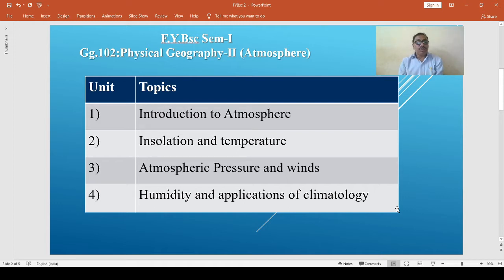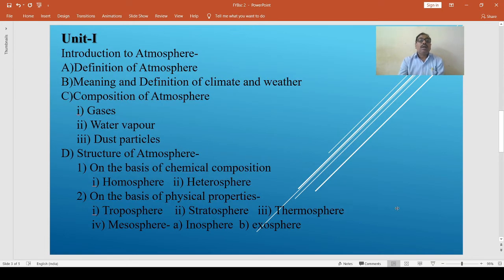In the first unit, we have to study Introduction to Atmosphere, which includes sub-units, meaning sub-topics. These are definition of atmosphere, meaning and definition of climate and weather, composition of atmosphere. These are gases, water vapor, and dust particles.